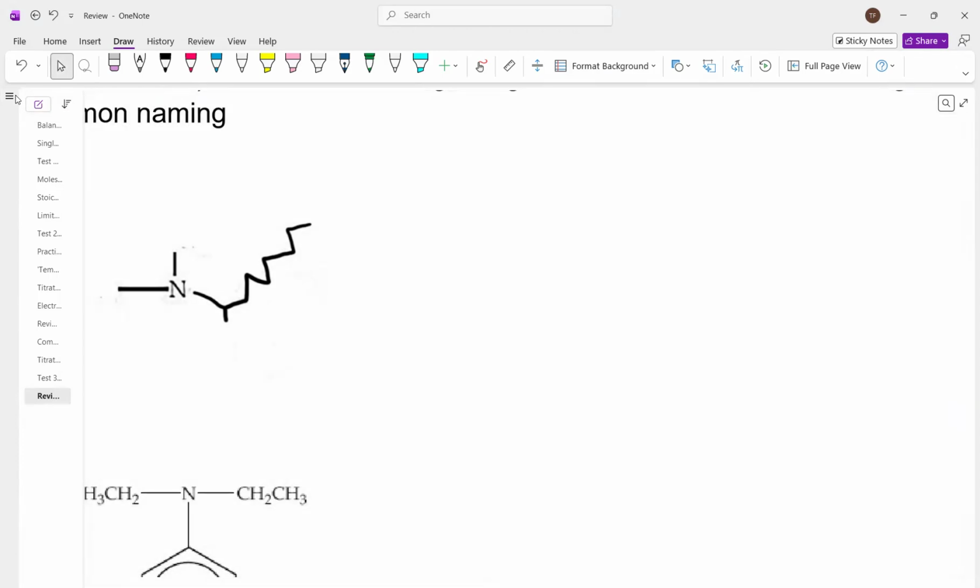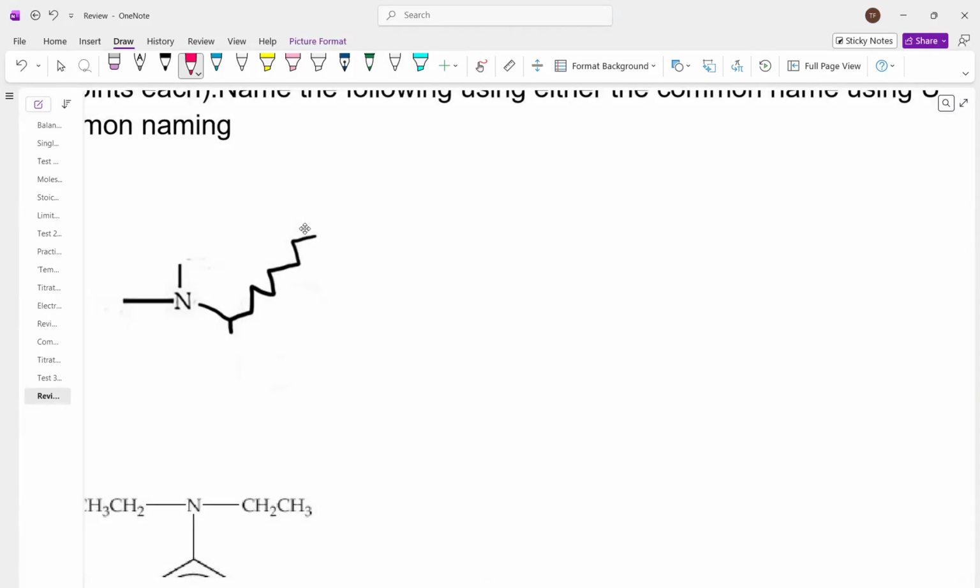Actually, it's not an amide. It's just an amine. So it's got a 9-carbon backbone. So that means it's going to be a nonane.